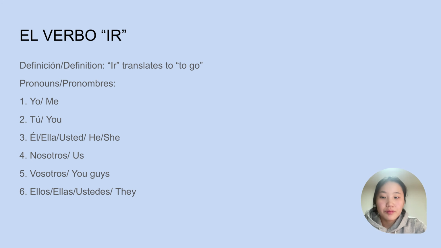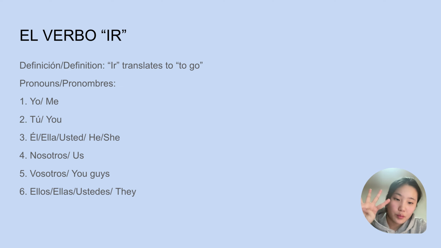And then the third pronoun is él, ella, usted, which is he and she. I'm gonna go more in depth about usted later, but usted, you can just think of it as he or she. And accent on the e when saying he, él.